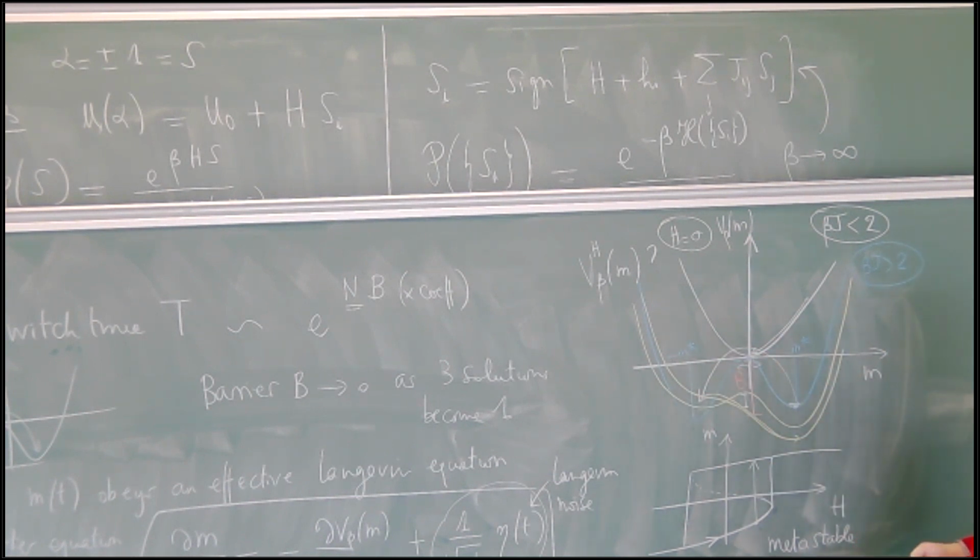Going over a barrier is called an activated event, and you can have exactly the same type of activated events through irrational behavior, if you want.